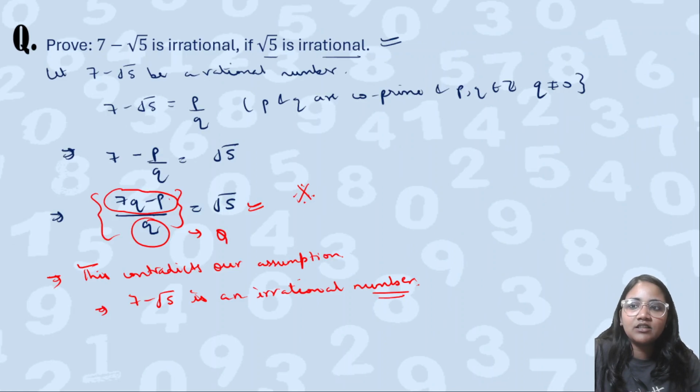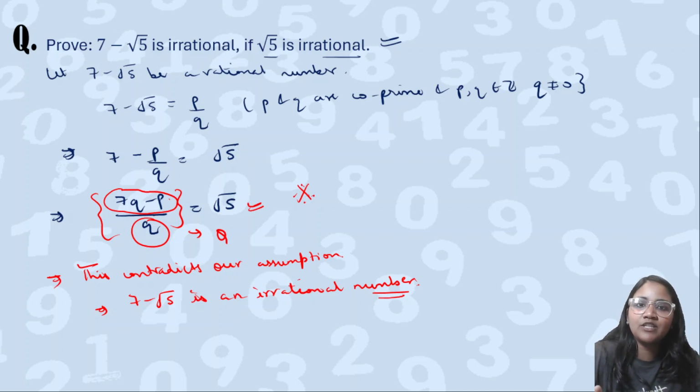Okay, let's summarize the lecture today, the session we did. So we first learned the fundamental theorem of arithmetic, which said that a composite number can be expressed or factorized as the product of prime numbers, and the factorization which we get is unique apart from the order in which the prime factors are taken, right? Which is very important.